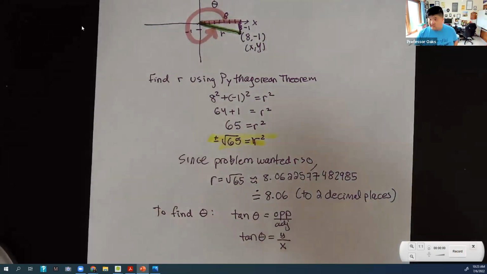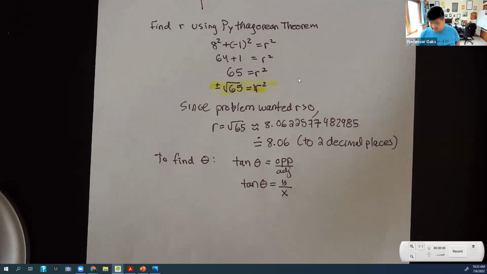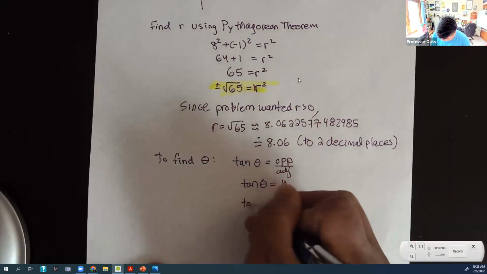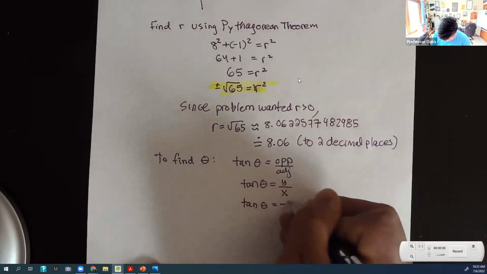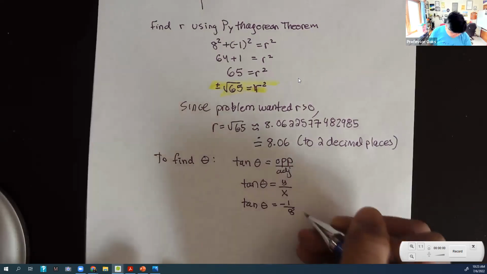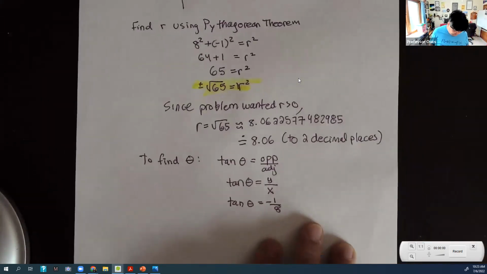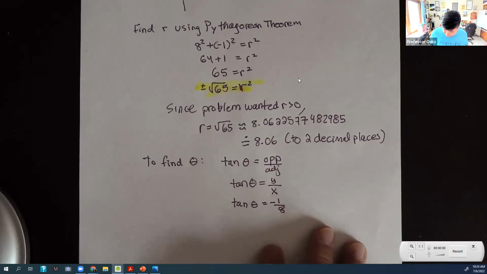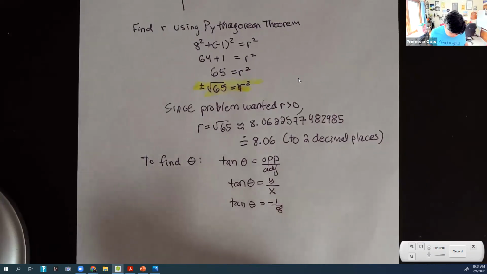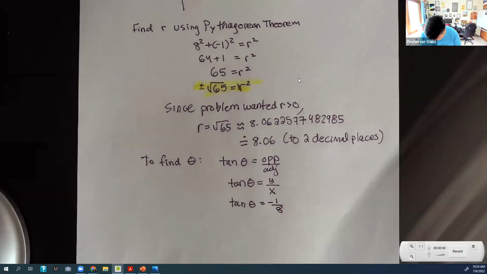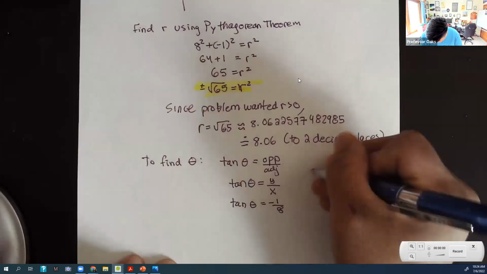So in this case, since the y was -1 and the x is 8, that is -1/8.